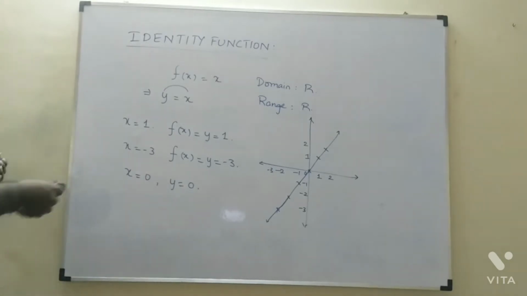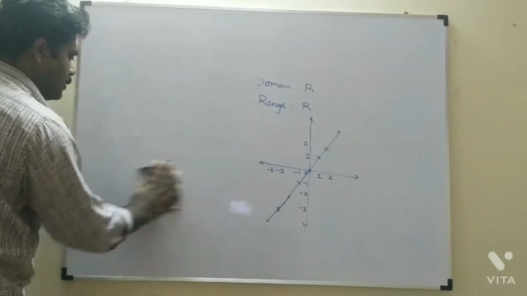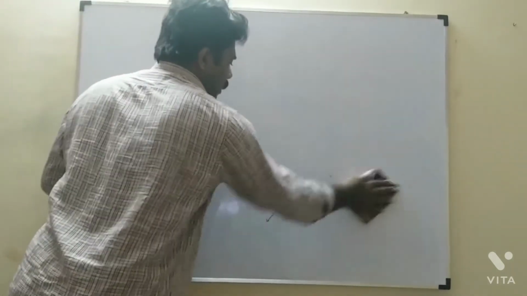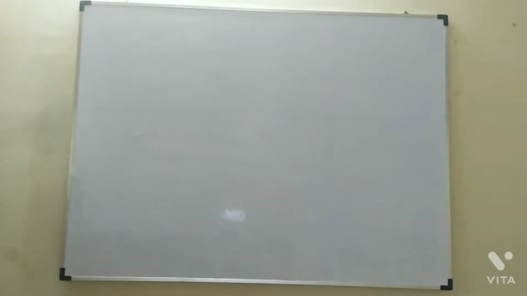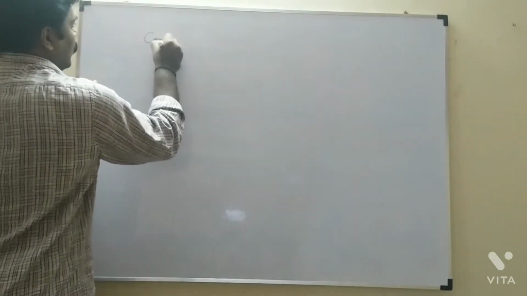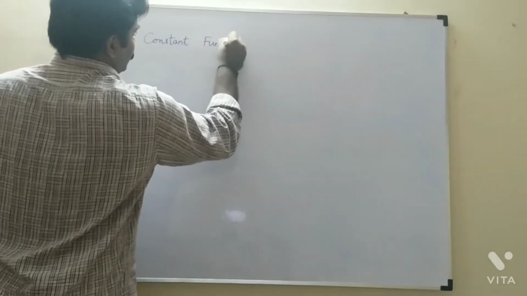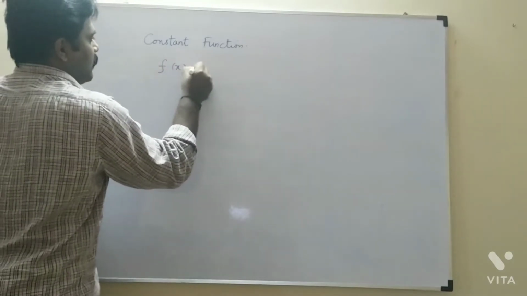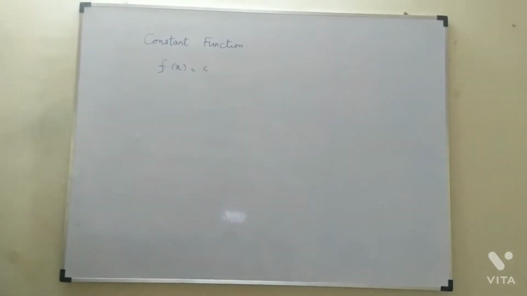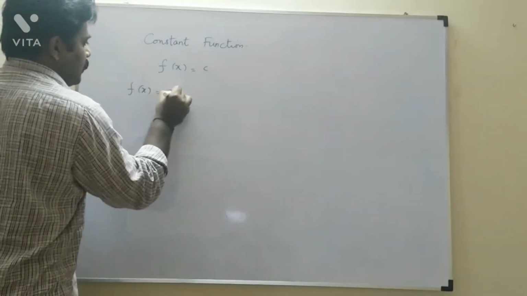Right. Next one is the constant function. See, constant, so it doesn't change for any change in input value. So let us say f of x is equal to c. Let us consider an example, f of x is equal to 3.